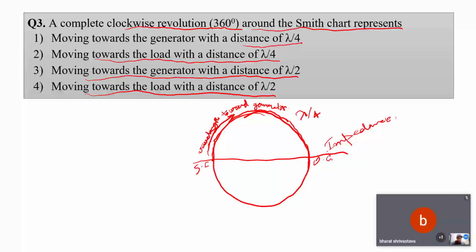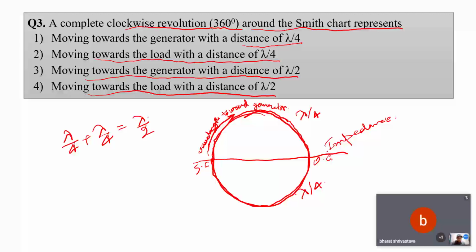Another lambda by 4 added brings you back to the same point, the short circuit. So the total distance covered is lambda by 4 plus lambda by 4, which equals lambda by 2.